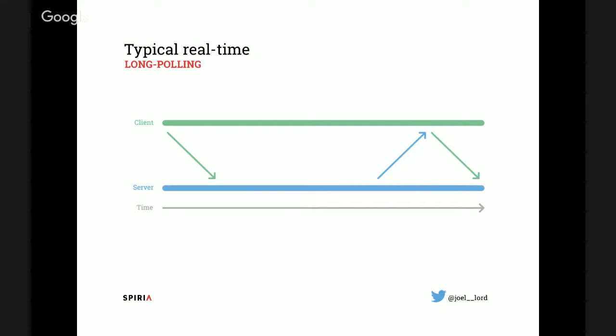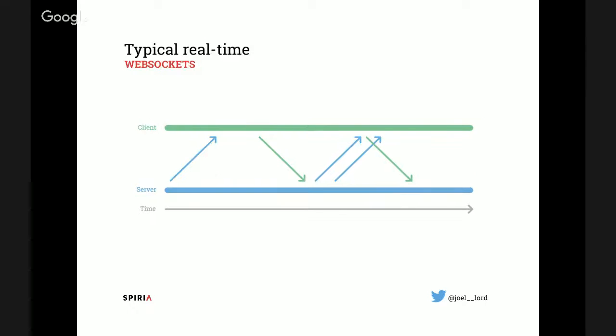So those worked. It's a nice fallback situation, but what we really want is a communication that is full duplex, completely bidirectional, where the server can just decide to send data to the client if it has some data that changed.